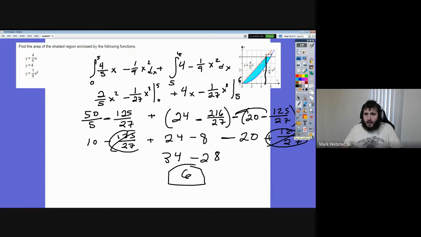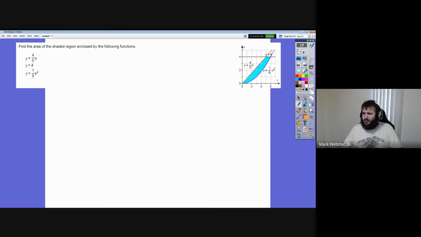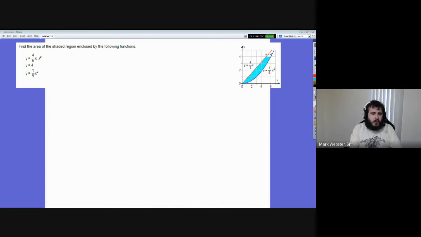So another way we could do this, if you're like, I don't want to have to do so many different integrals, well, you could turn everything in terms of x instead of y. So this one is going to be x equals 5/4 y.